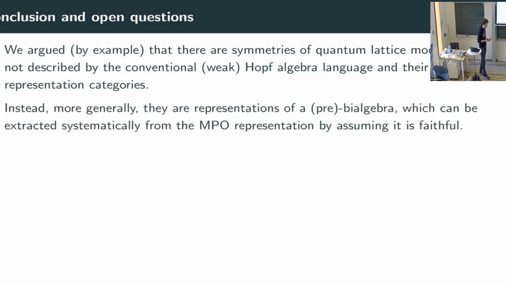More generally, given some arbitrary matrix product operator symmetry, and of course the assumption here is that any symmetry of a quantum spin chain can be represented as a matrix product operator, what you can always do is extract this pre-bialgebra structure by assuming that the matrix product operator representation is faithful.